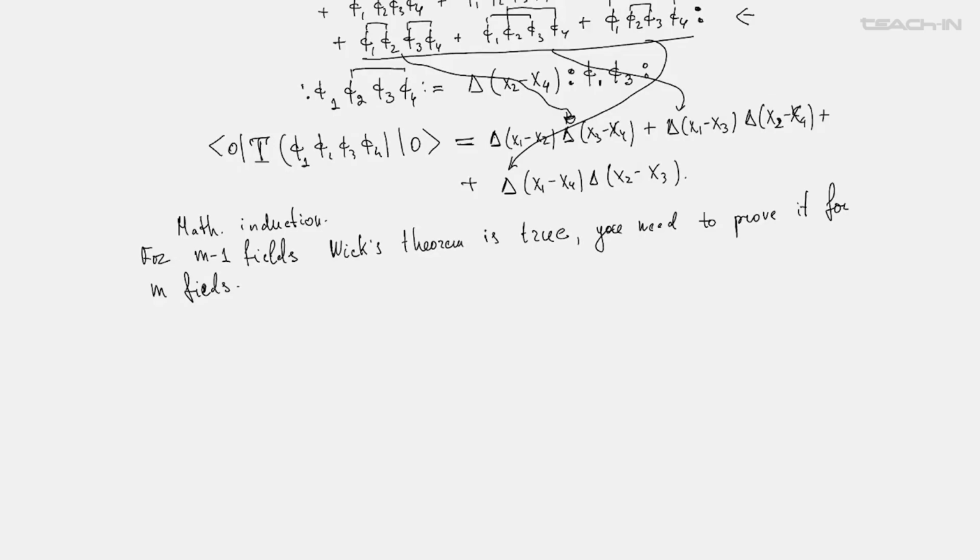And without loss of generality, we can consider one of the cases of time arrangement. So for instance, you can take an arrangement where the time variables have the following ordering. You consider for the first field, say x1, x1 0 is bigger than x2 0, and this is bigger than x3 0, and then this is bigger than xm 0.